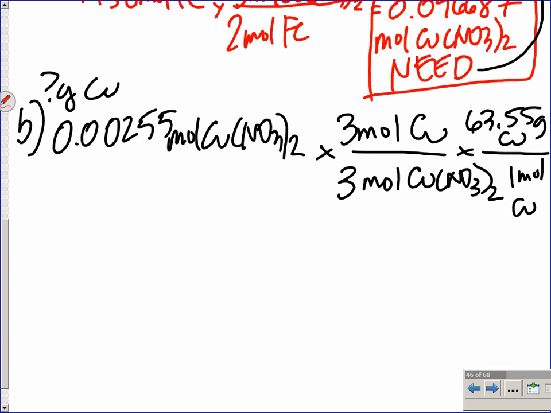So before I even calculate, remind me, why did I choose to start with this one? Because this is my half of my limiting reagent. It's the thing that stops the reaction or controls how much product is made. And since copper is a product, I had to recognize my starting point was the thing that was going to halt the reaction first. So now calculate.